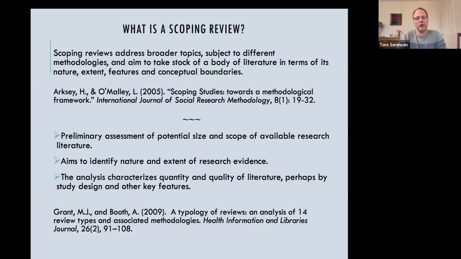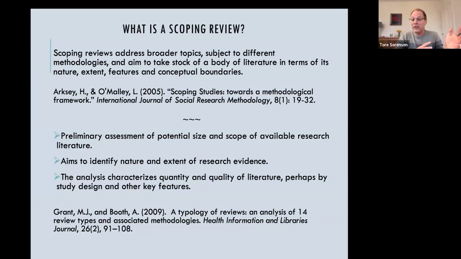Grant and Booth, 2009. They also provide some useful pointers. They point to the preliminary assessment of the potential size and scope of available research literature on a certain topic. And again, like Arksey and O'Malley, trying to identify the nature and extent of the research evidence about that topic.